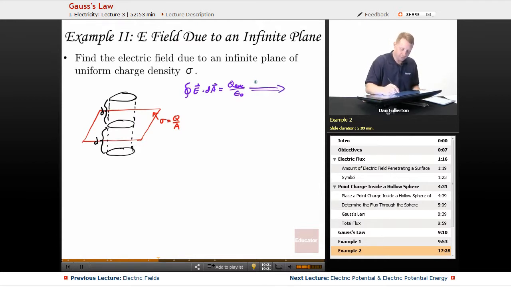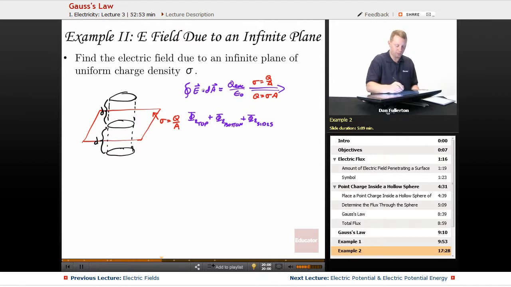Which implies then, since we know sigma is Q over A, and Q equals sigma A, the left-hand side, this total flux, I'm going to break up into pieces: the flux through the top, the flux through the bottom cap, plus the total electric flux through the sides.